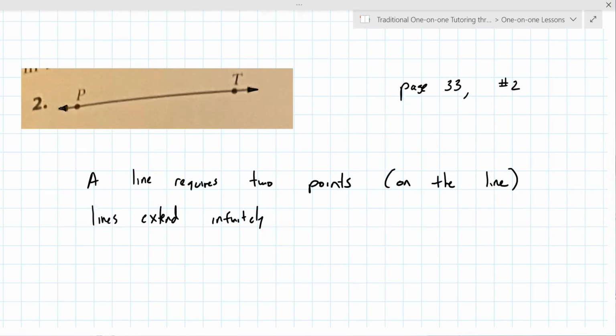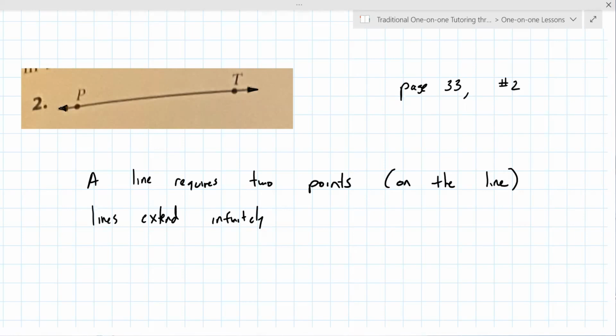So how far does a line go, Sourish? This is very important. A line extends forever. Believe it or not, when you've used the word line in your life, you likely used it incorrectly.